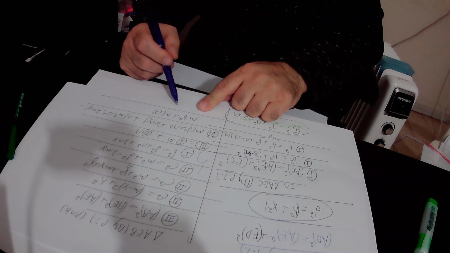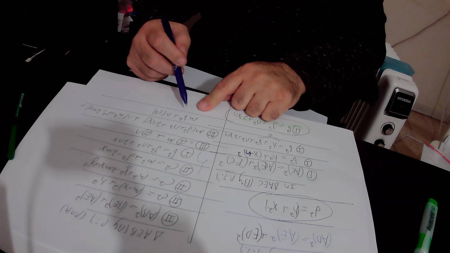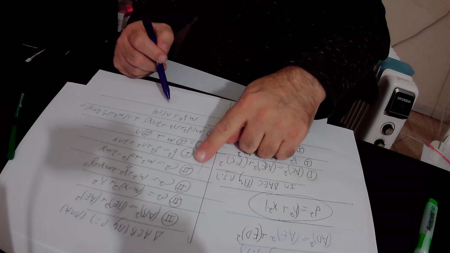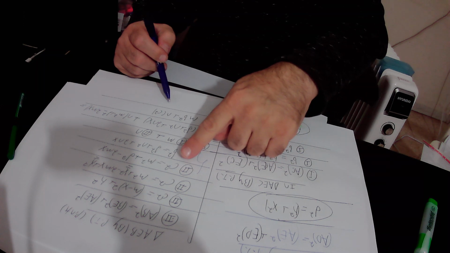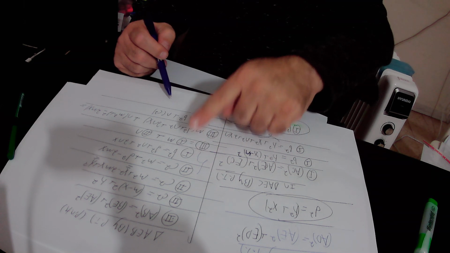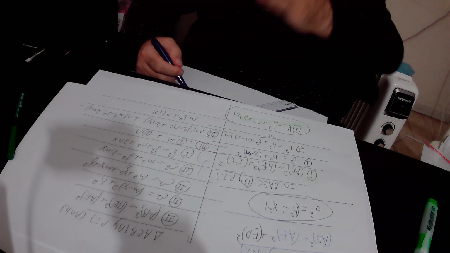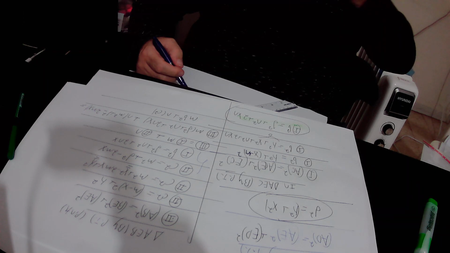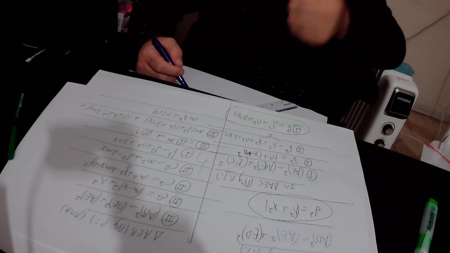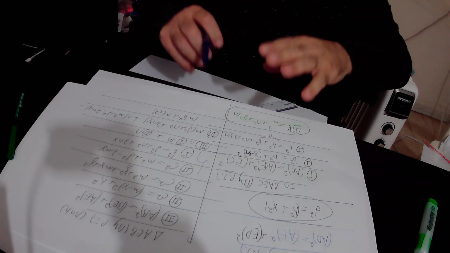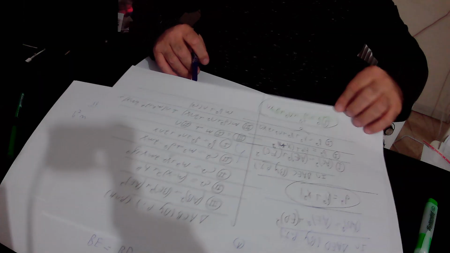Here it is mb squared plus nc squared. So this is equation number 3.